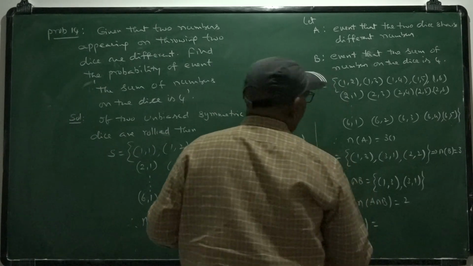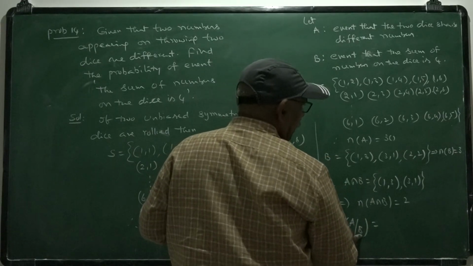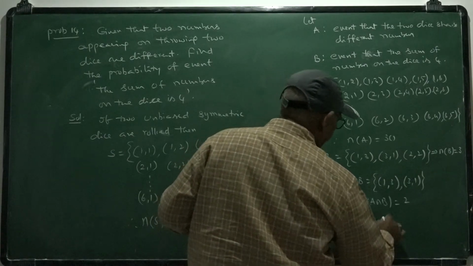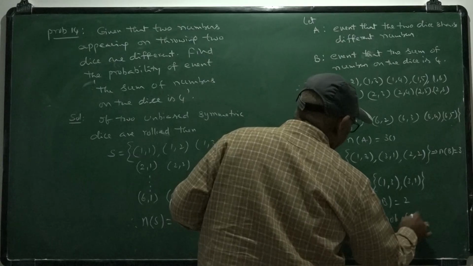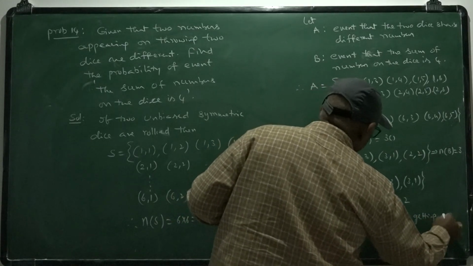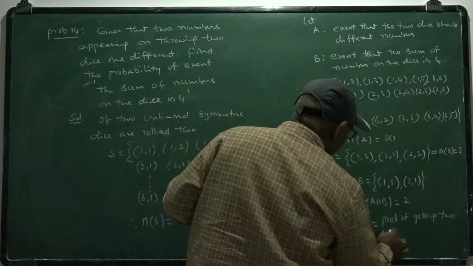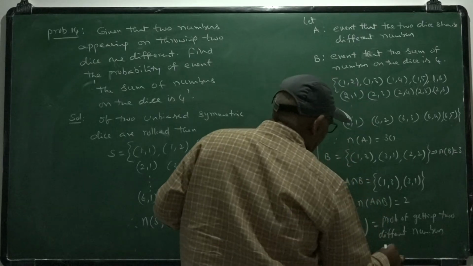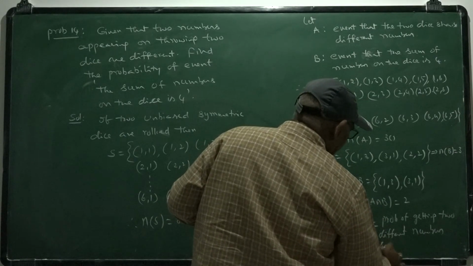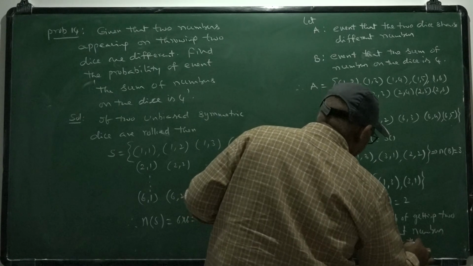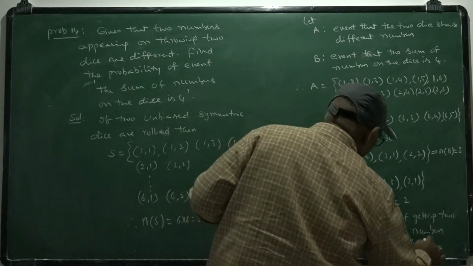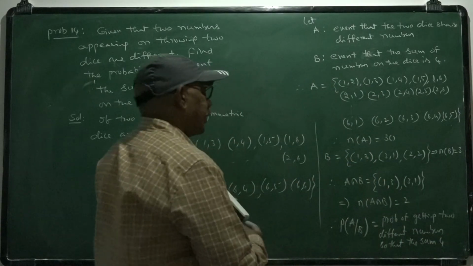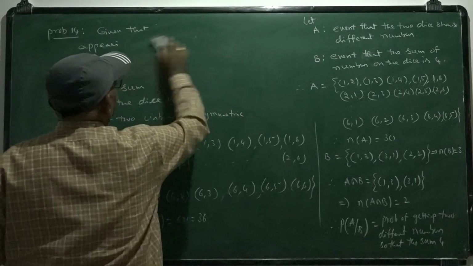That is the probability of A on the occurrence of B. Of course, the probability of getting two different numbers on the dice so that the sum is 4. That is our required probability.